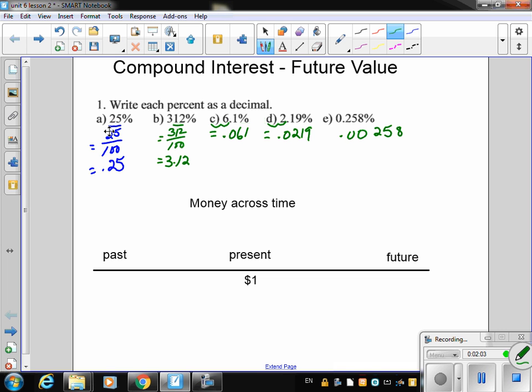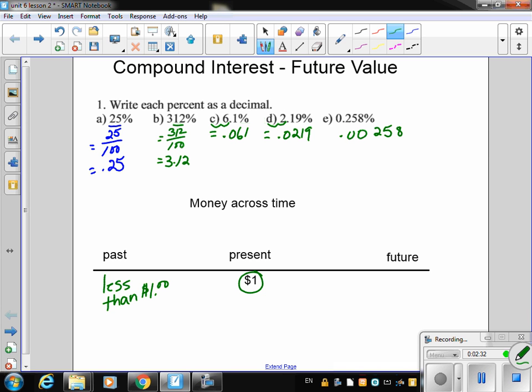If you want $1 right now, it's going to take you $1 out of your pocket. If, however, you thought about that last week and you saved towards getting that $1, you would have invested less than $1. So say you had 80 cents and you invested it with your Uncle Louie and it earned some interest.